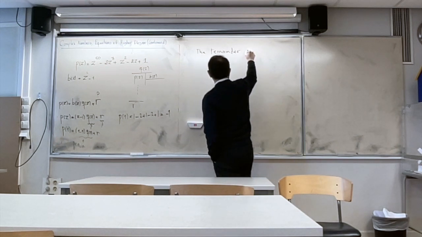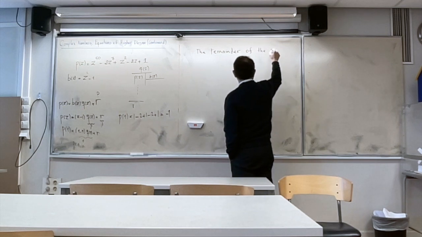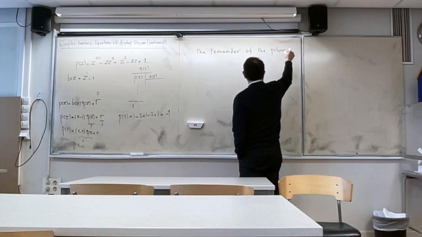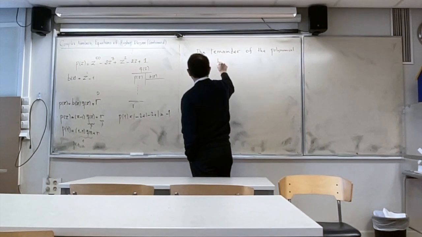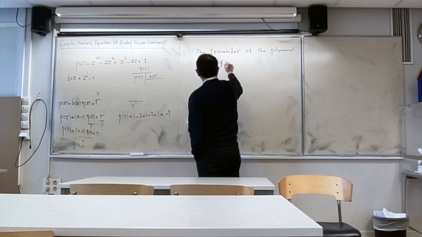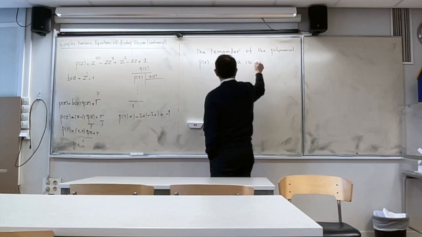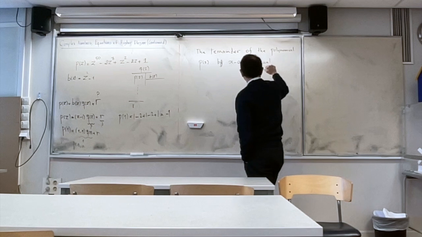The remainder of the polynomial P of x by x minus a is equal to, can you tell me? Is equal to what?